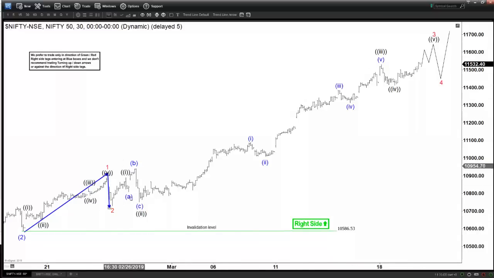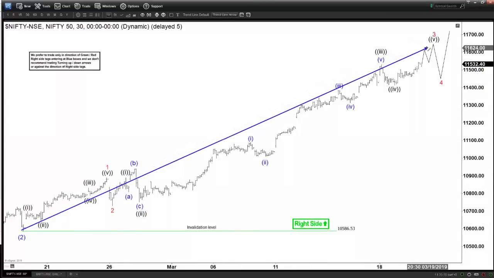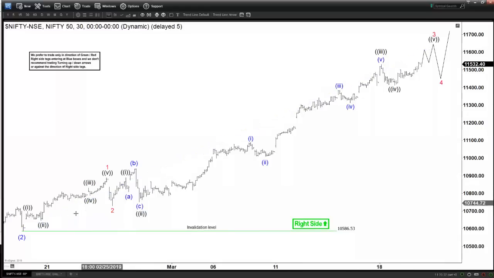Now this subdivision count usually can be modified here and there very easily. So that's why I think the most important thing is to understand the overall idea instead of the specific placement of the labels. All right, so the overall idea is this entire move is looking impulsive, even though we can change the placement a little bit here and there, no doubt about it, right?